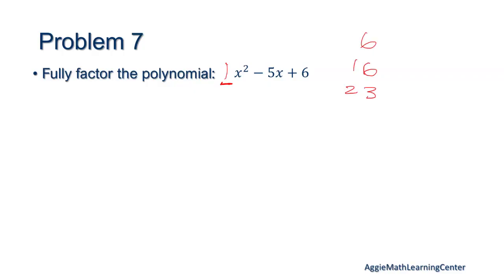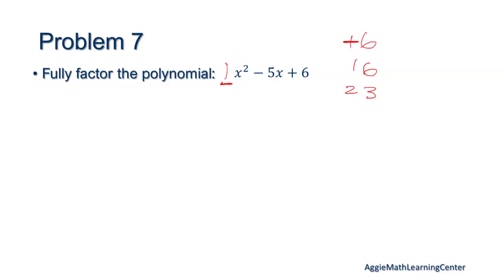This is a positive 6, right? 1 times positive 6 gives us a positive 6. So we either need 2 positive numbers to multiply together or 2 negative numbers to multiply together to give us a positive 6. In this case, we wrote down all of our positive values. But what is another way we could write down all of our factors if I wanted to still get to a positive 6 but have negative values for my factors?